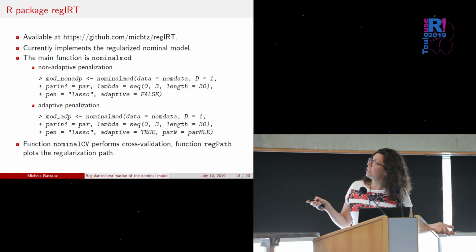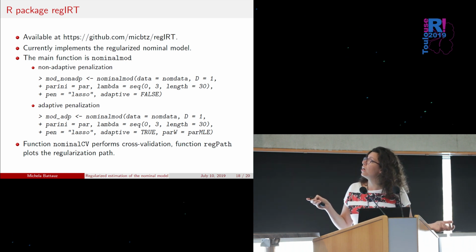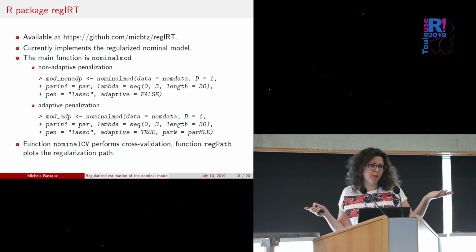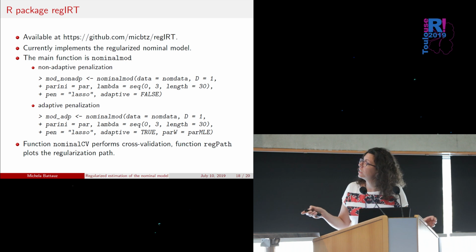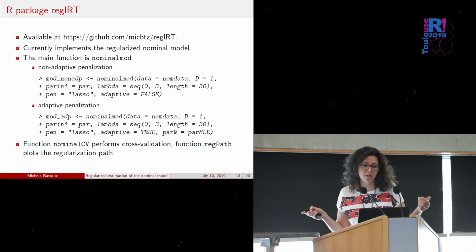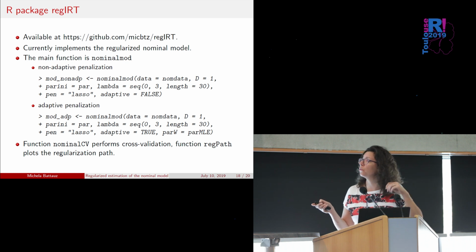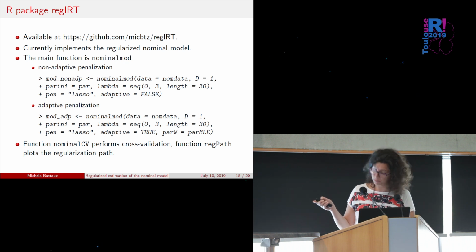If the penalty is adaptive, then we have to specify also a vector of parameters to be used as weights, which are the maximum likelihood estimates. Then in the package, there is a function that performs cross-validation and a function that plots the regularization path, which are those figures that show the estimates at different values of lambda.